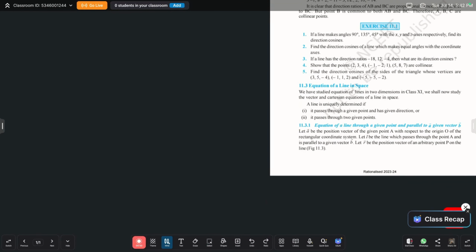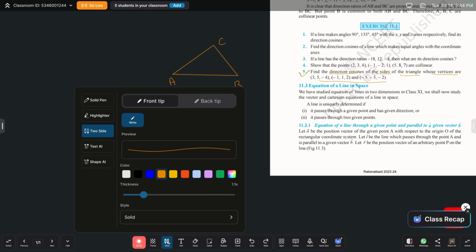Last question, let's solve quickly. The question is: find the direction cosines of the sides of the triangle whose vertices are these. You want to find the direction cosines. You can say A, B and C, and then you should write the coordinates of ABC.